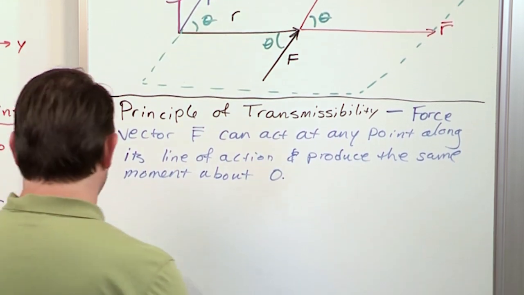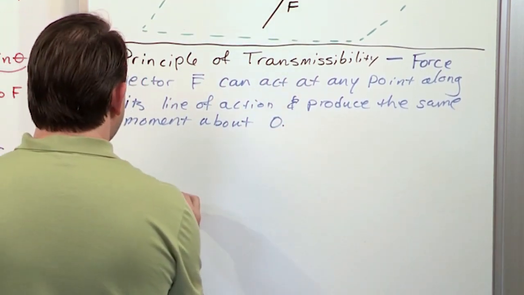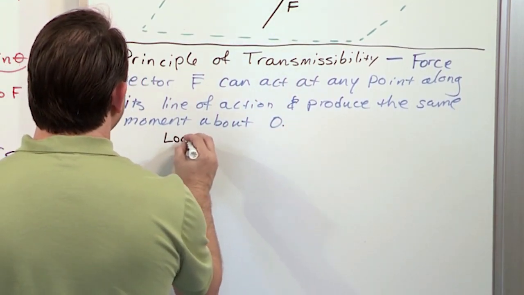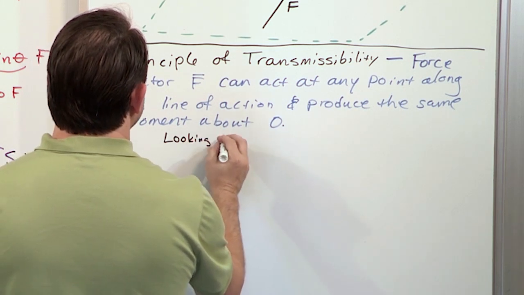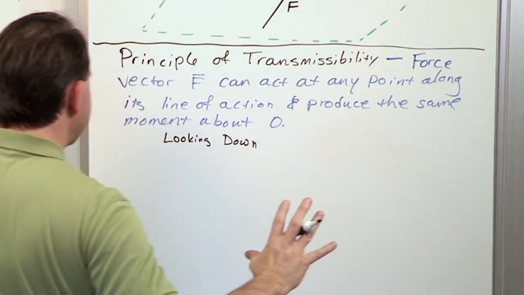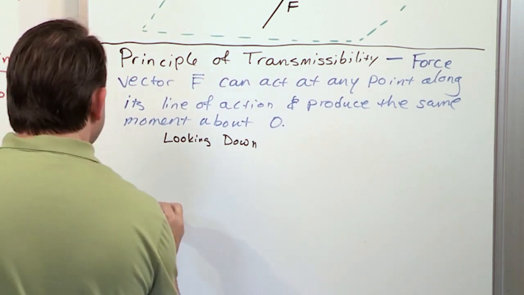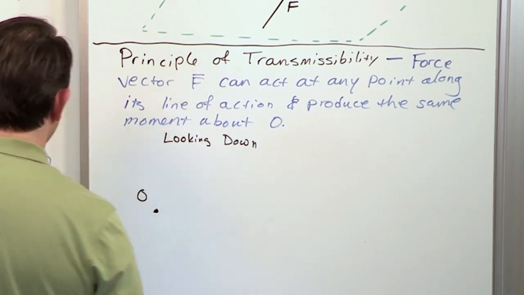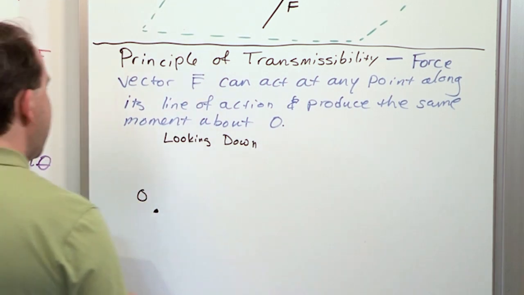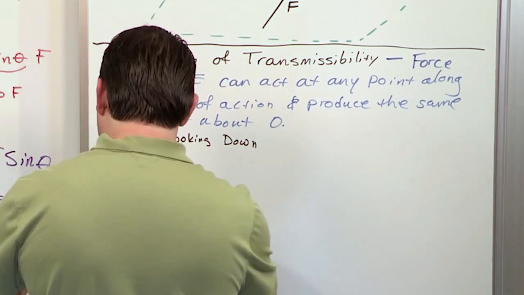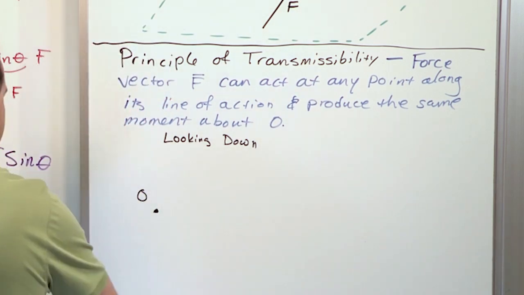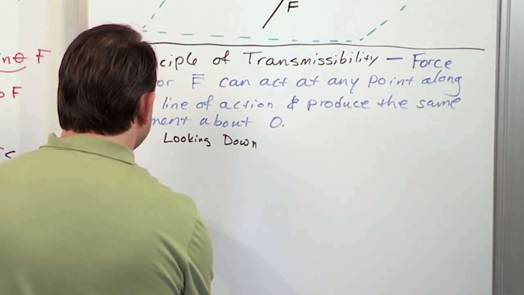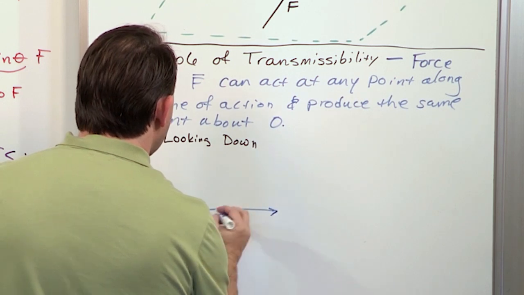So let's draw a quick picture, for instance. Let's say that I'm looking down, so this is like an XY plane down here. And let's say that I have some center of the universe that I care about, O, okay? And let's say that over here I have some force. Actually, let me draw R2.